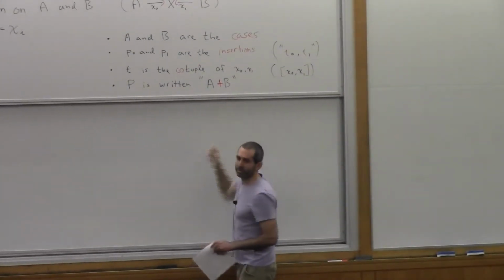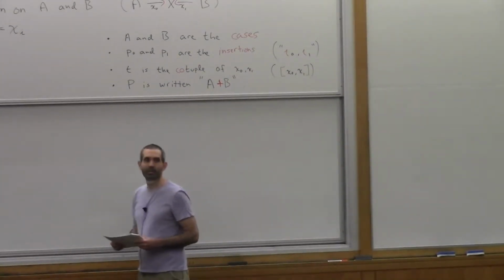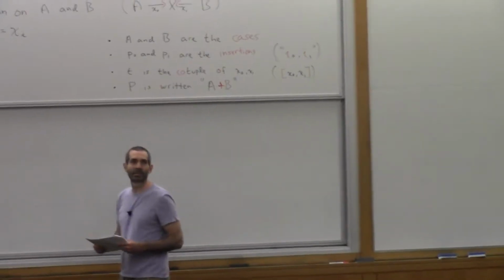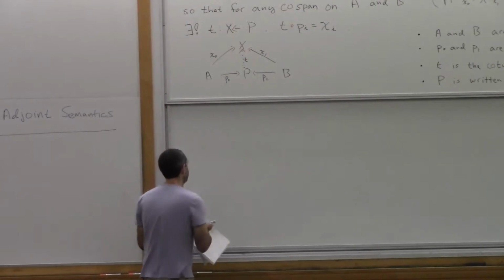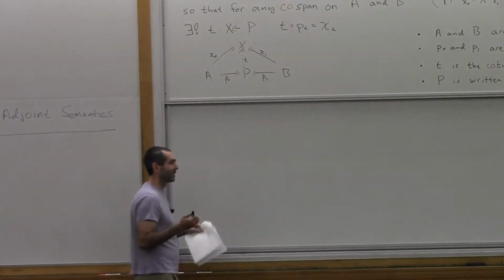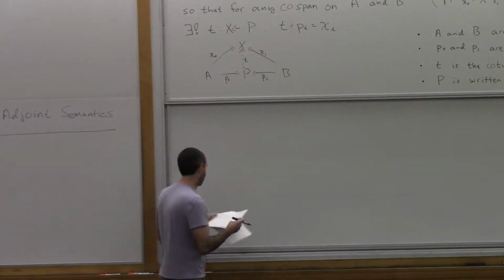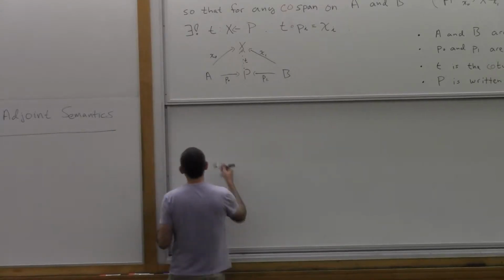Okay? So, now we had some lemmas last time about products, and we have their duals about co-products. And the lemmas are actually the same lemmas, right? They're just the same lemmas, but in the opposite category. So let me just remind you what they are.